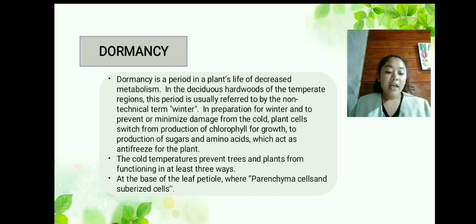Eventually, the vascular bundles, or the veins of the leaf, are the only things that hold the leaf to the tree. The vascular bundles eventually break or are torn by the wind and the leaf falls, leaving what is called a bundle scar. And that is a bud for next year's growth.